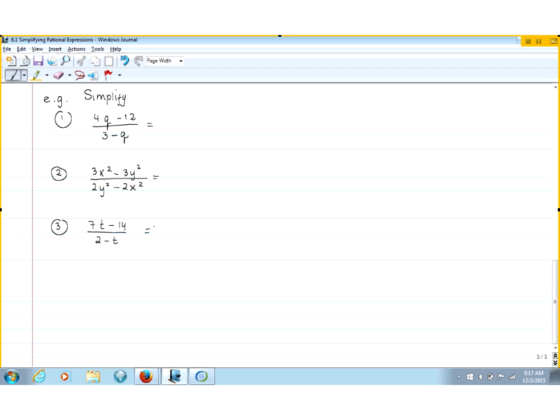Okay, so what do you think? For number 1, is there any common factor? What is it? 3? No, right? 4. Yeah. If I factor out 4, what am I left with? q minus 3.